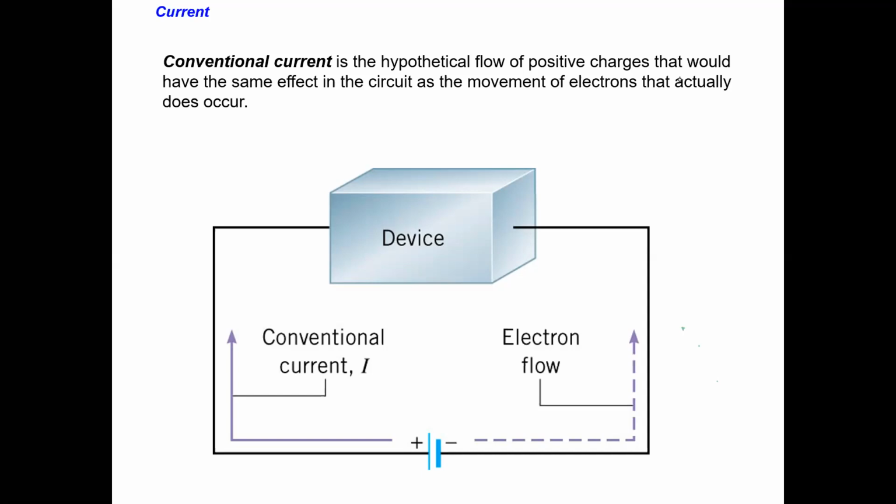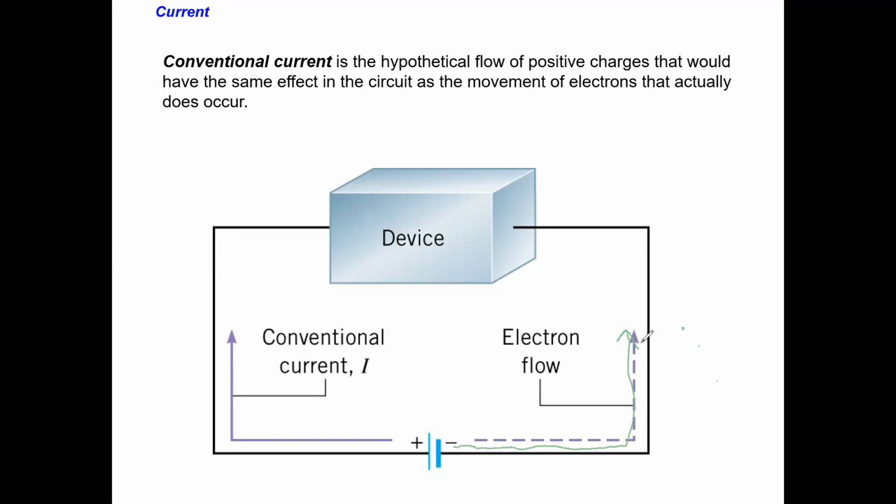So the direction of electron flow is exactly what you see in the drawing: electrons flow from the negative side of the battery, the shorter side in my schematic, towards the positive side.